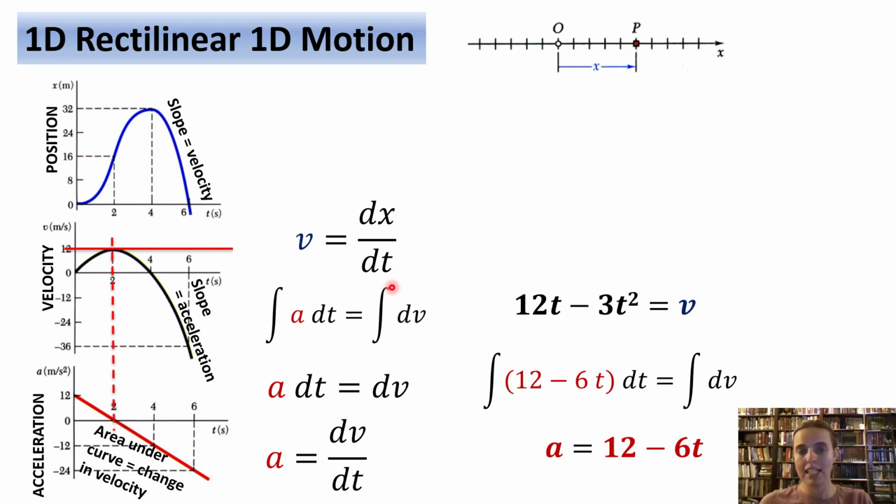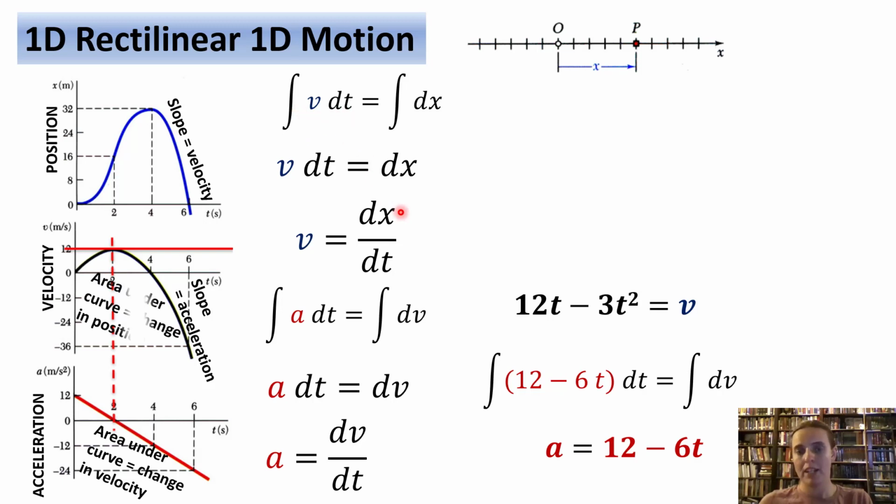So I'm just going to take this dt, move it over, because we have velocity as a function of time. So I'm going to take this whole equation and we're going to integrate that equation with respect to time. Okay, so the area underneath the velocity curve is then going to be our change in position. Area under velocity curve, change in position.